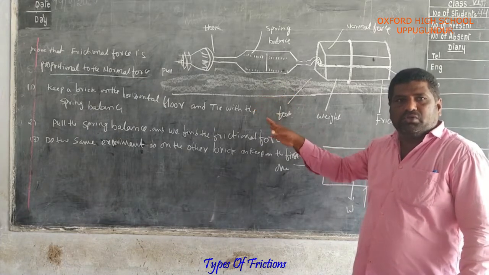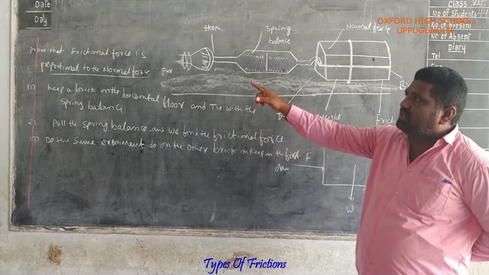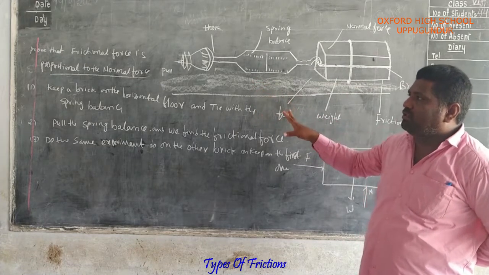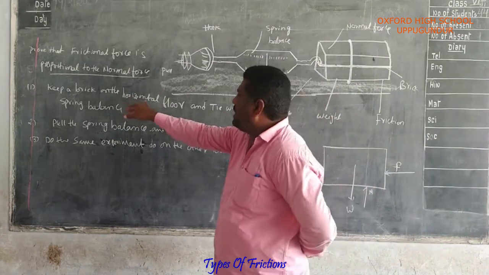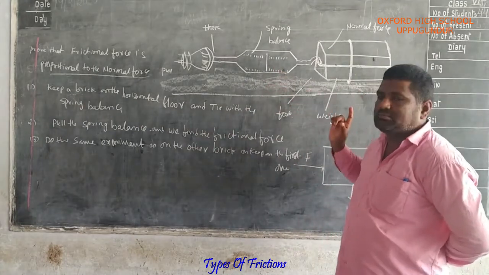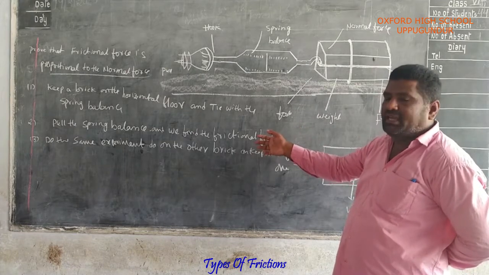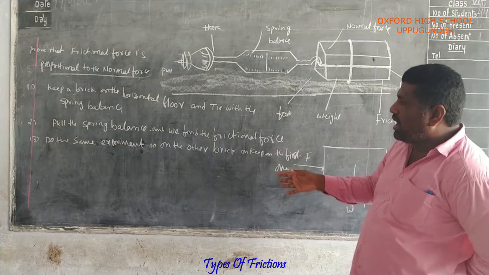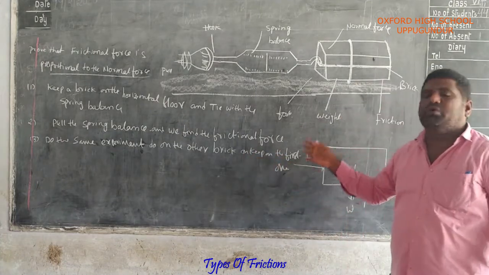Now first, keep one brick on the horizontal floor tied with one spring balance. Pull the spring balance and find the frictional force. Do the same experiment with another brick kept on the first brick.